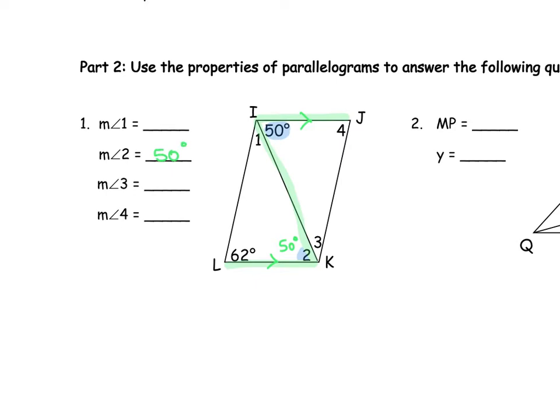Now remember, another rule that we learned in parallelograms is that opposite angles are congruent. So if this is 62, then this must also be 62. Now, one more rule we learned in previous lessons is that in a triangle, angles add up to 180.